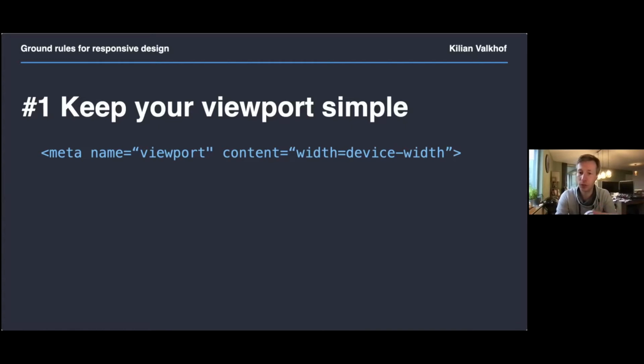So even if you say user scalable is no, your phone is just going to ignore it. So you can leave it out and end up with a better website. So the first rule is very easy. Keep your viewport simple. Just say width is device width, and you're good to go.